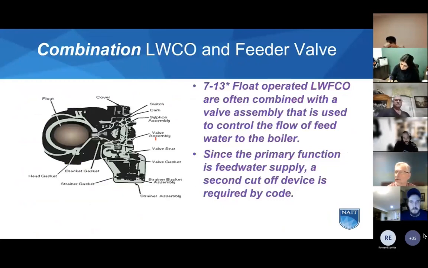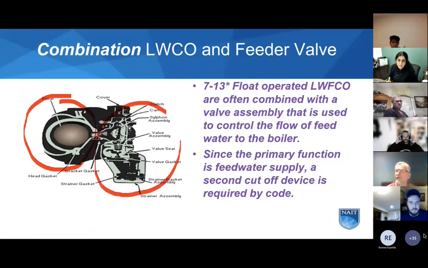Float operated low water fuel cutoffs. Float operated device has a float and a valve. And this is a combined assembly, controls the flow of feed water into the boiler. So this device's primary function is supplying the feed water.